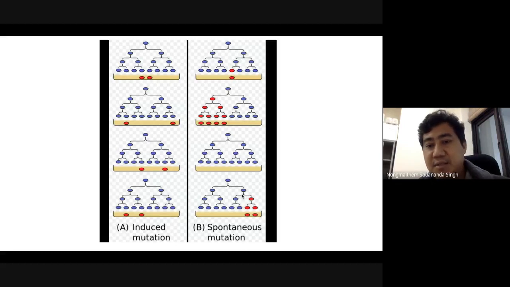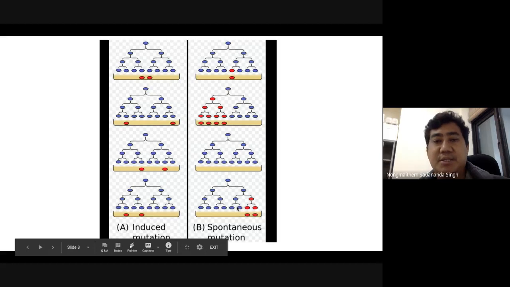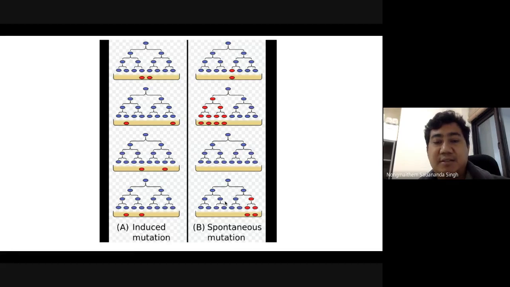But if it happens after the second cell division, only 2 colonies are going to be resistant. In fact, what it tells you is that for each parallel culture, you expect a different number of mutant colonies which are resistant to the antibiotic that you are testing for.